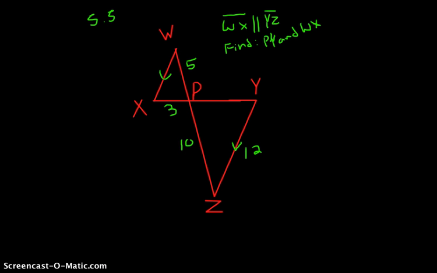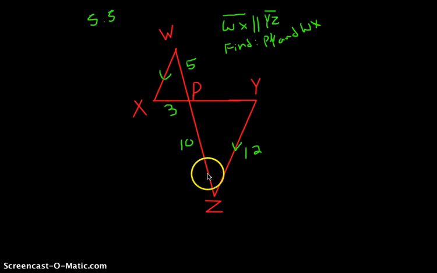So this is problem 5.5 in section 5.2, and it asks us to find PY, this length right here, and WX. The way you start out is you think, okay, I have two parallel lines here, so WX is parallel to YZ.